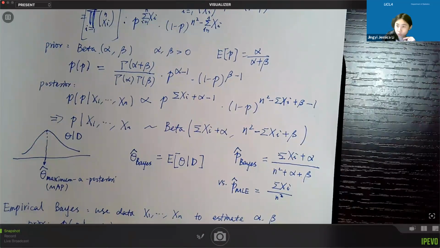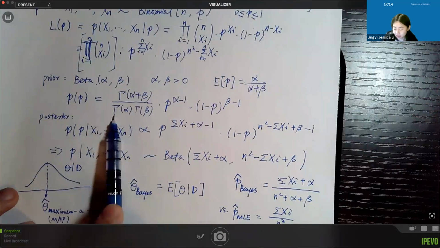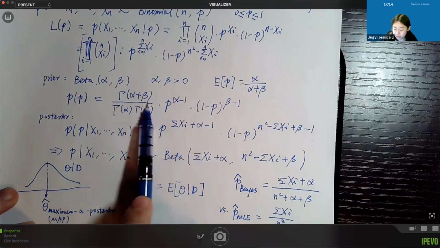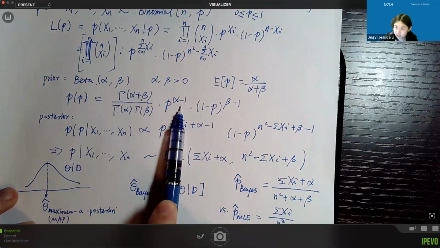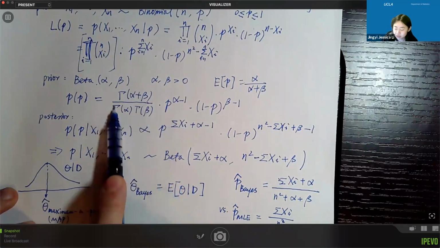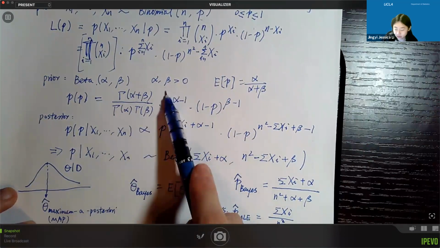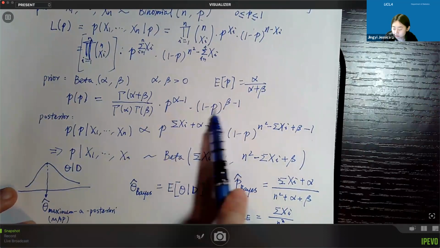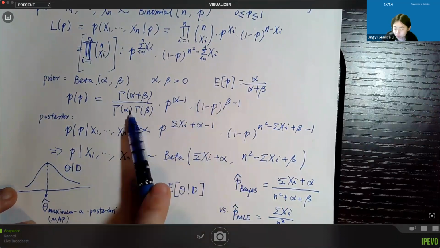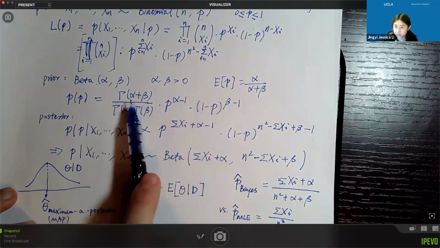And we know that we can do this integration for sure, because we know in the beta density, any density can be integrated to 1, right? So this is the role of this constant here. So if you just integrate the second part right here, you know the integral result would just be the inverse of this constant right here.